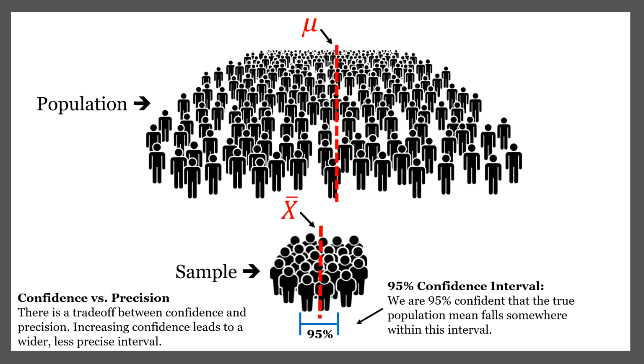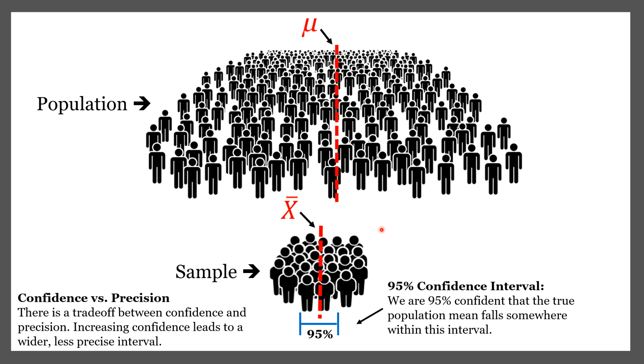Okay, and so here's just a visual representation of what we're talking about. So let's say you have some population. The population mean is mu. And then you have a sample, and the sample mean is x bar. And so x bar is a point estimate of mu.